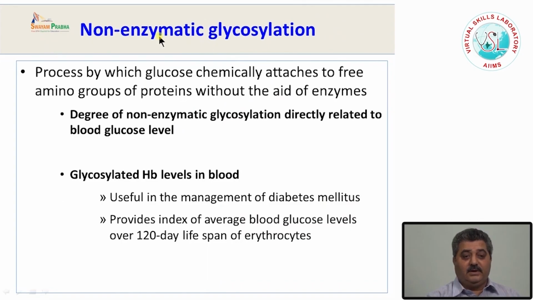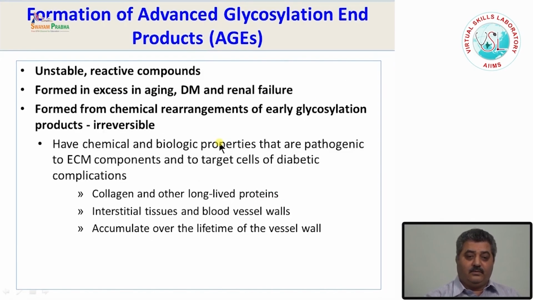In the non-enzymatic glycosylation, it is actually the process by which the glucose chemically attaches to the free amino acids of protein without the help or the involvement of any enzymes. And these products are what we call advanced glycosylation end products, which have receptors on certain tissues, go and attach there, and activate those and cause complications.